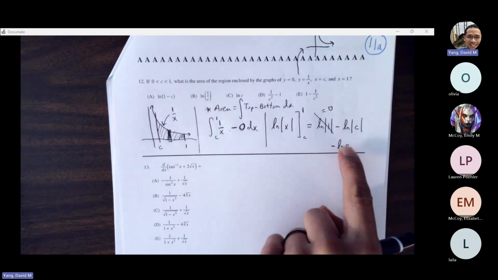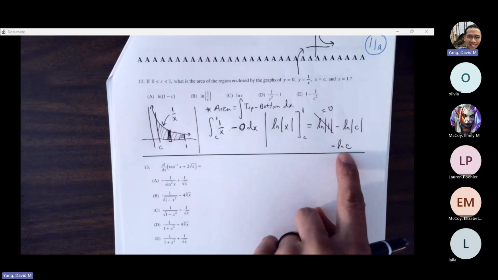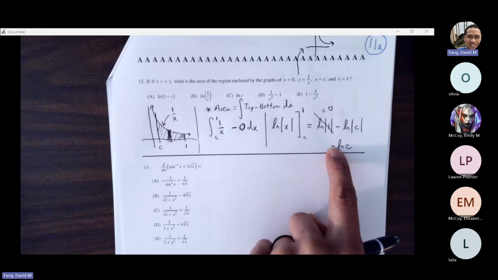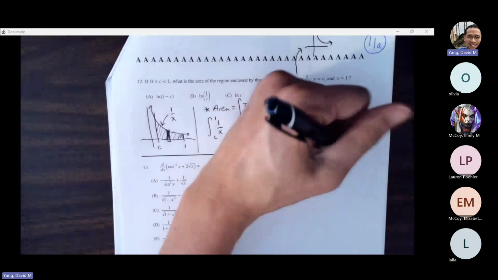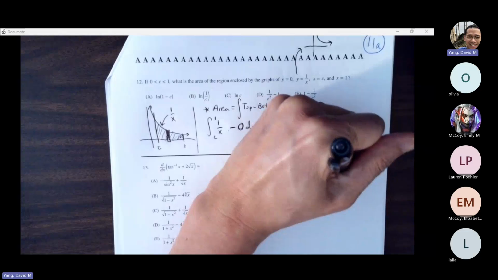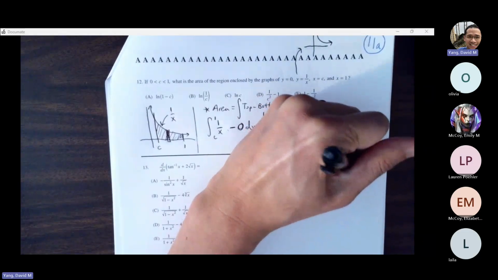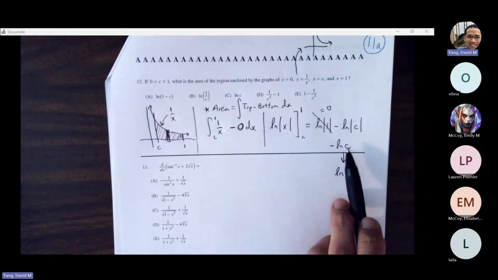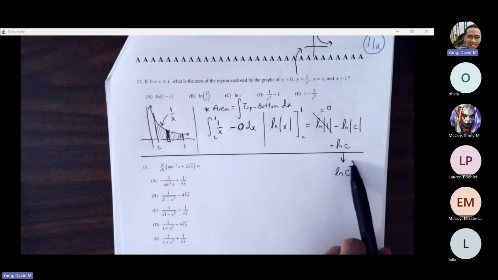One thing we can do is think in terms of log properties. One of them is allowing that coefficient to come up as an exponent. So we can put that negative up as an exponent raised to the -1. So this becomes natural log of c to the -1. And then how else can I represent c to -1?